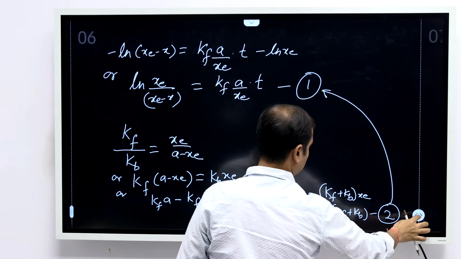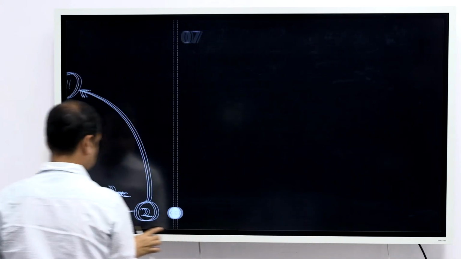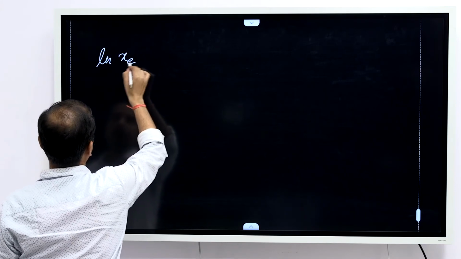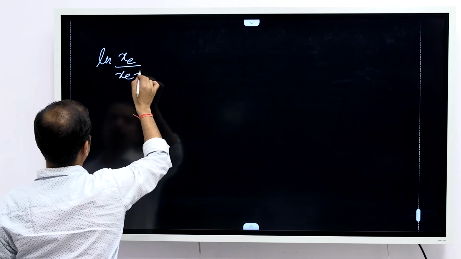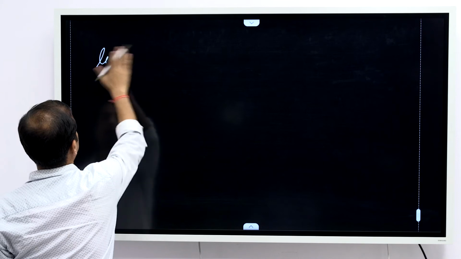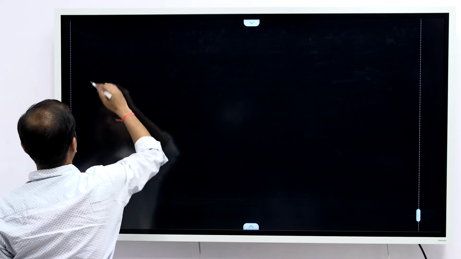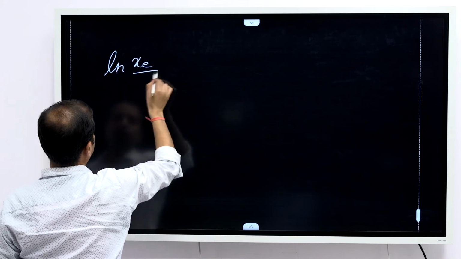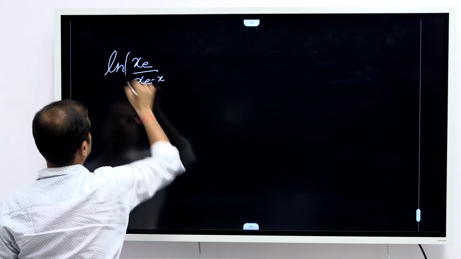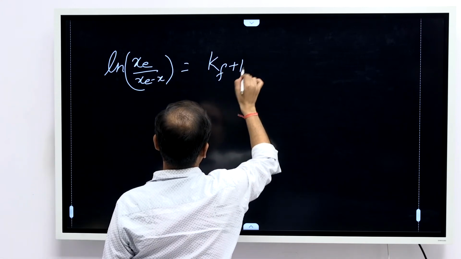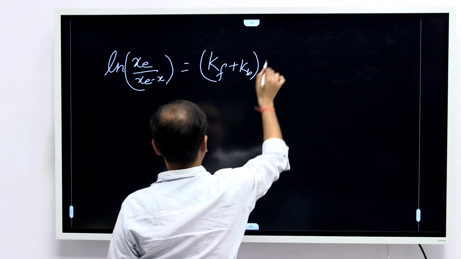So our equation now becomes ln xe upon (xe minus x) is equal to (kf plus kb) into t.